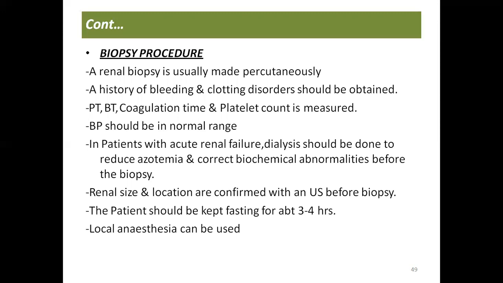Also, blood pressure should be in the normal range. In a patient with acute renal failure, before performing renal biopsy, dialysis should be done. And correlation and correction of biochemical abnormalities need to be ascertained before the biopsy to know what type of disease we are looking for.